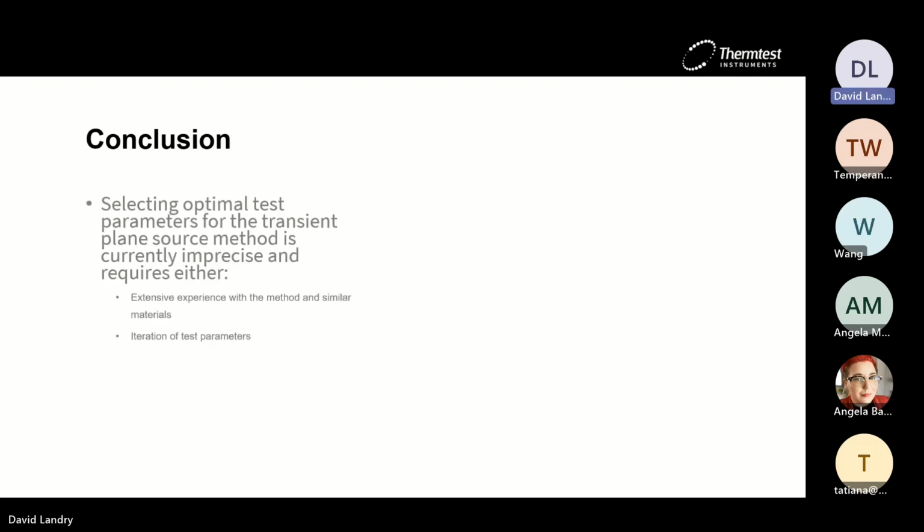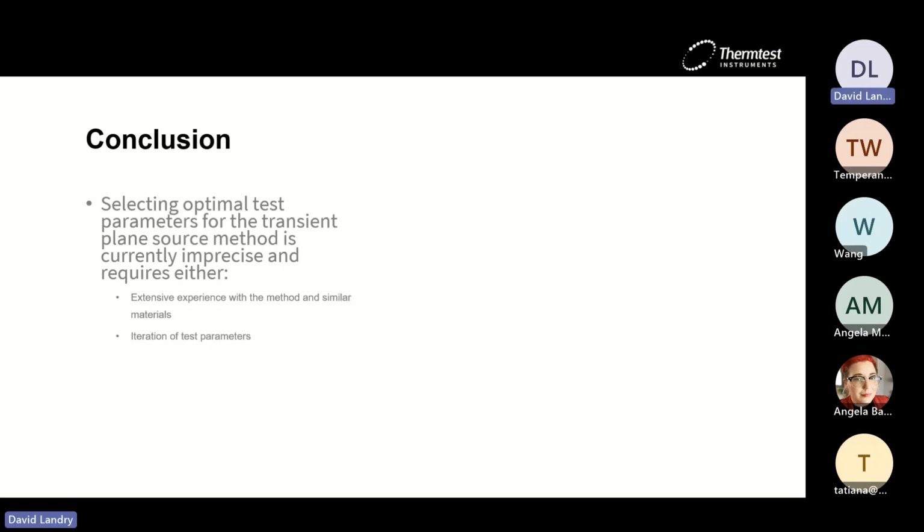So, in conclusion, we have our initial problem, which was selecting optimal test parameters for the transient plane source, which requires either experience and/or iteration on the experiment, which can be lengthy and unintuitive for a new user especially.